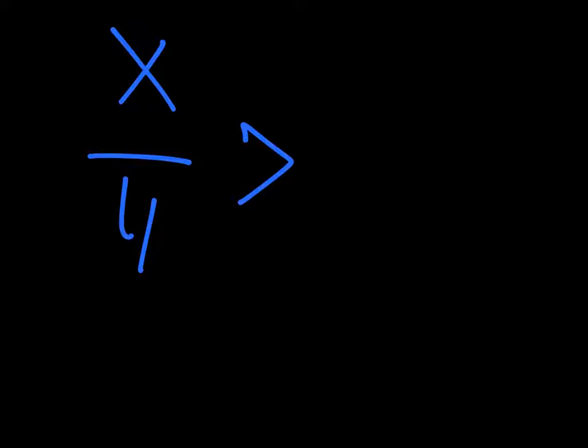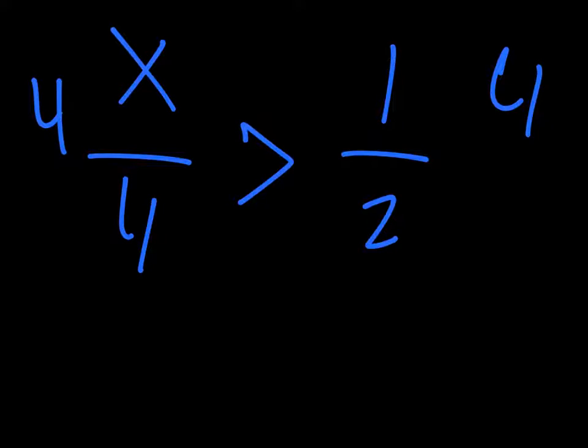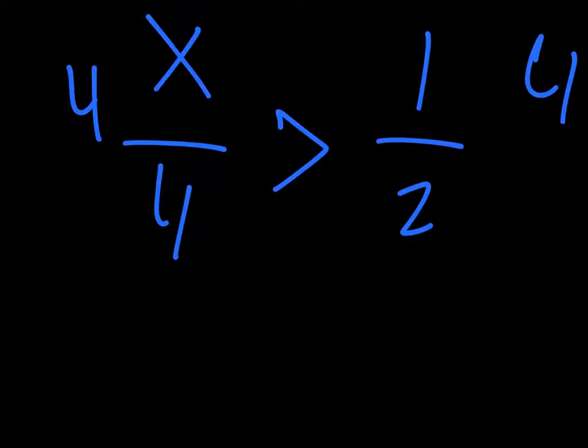Okay. New problem. If we have x over 4 is greater than 1/2, this is a cross multiplication problem, okay? So we're going to multiply 4 to this side, and then I take that back. We don't need to cross multiply because it will simplify quite easily. All right, cool. Let's write it again.